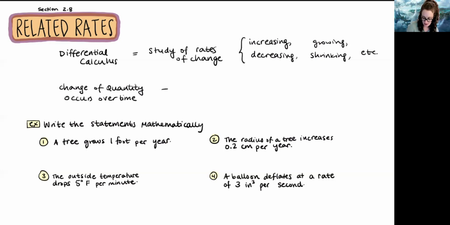If we're going to talk about the rates of change of something over time, the derivative is the rate of change. But now the thing we want to find the change with respect to is always going to be t, or time. So the fact that we are looking at changes over time tells us that we want to find the derivative with respect to time.